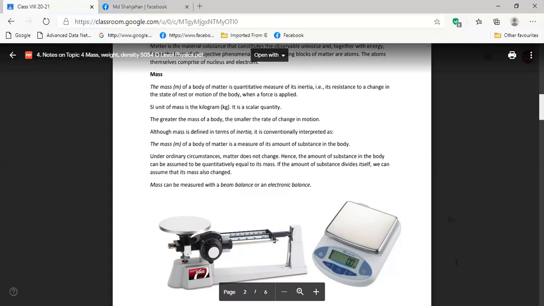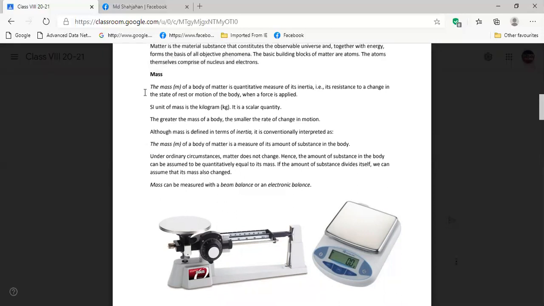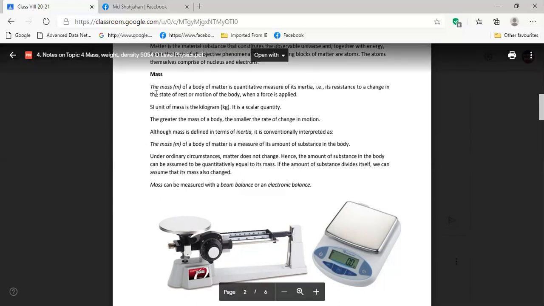So, are you done with the writing, mass? Yes, sir. Almost. 1 minute. I've written it. Okay, very good. So you wrote this definition and this one also, right?